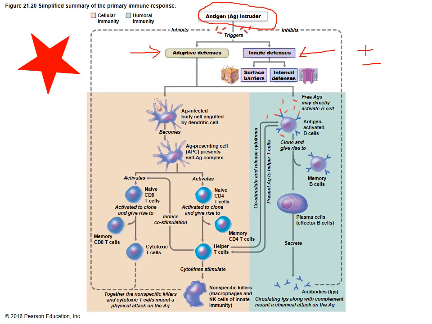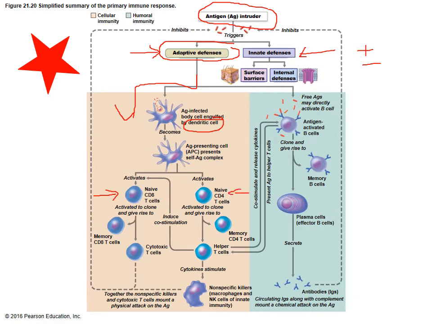On the other hand, you have your adaptive defense system, and that is all going to be about your B cells and your T cells. So on the chart in the orange section right here, it shows you how you utilize your antigen presenting cell, your little dendritic cell, to activate your naive CD8 and CD4 cells.